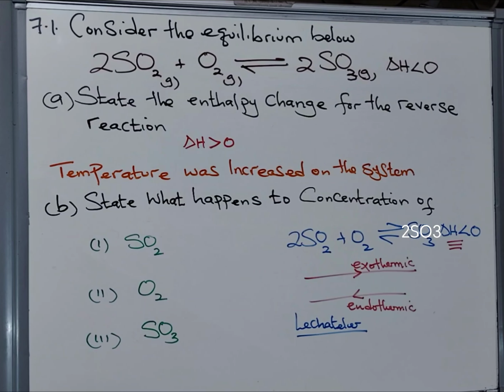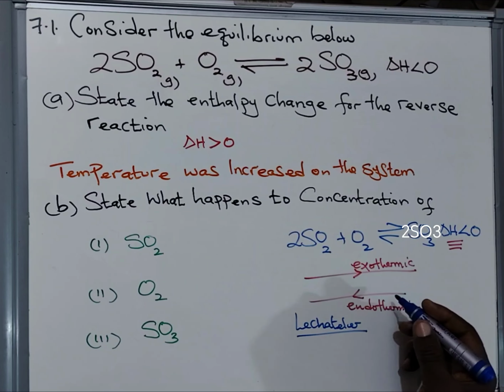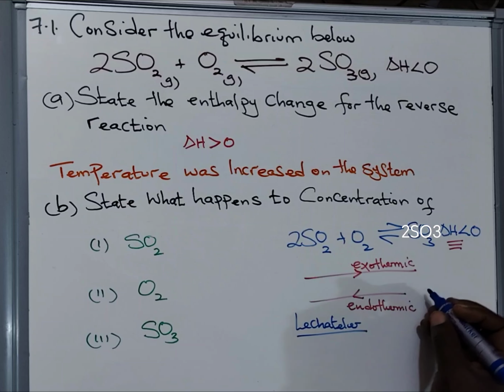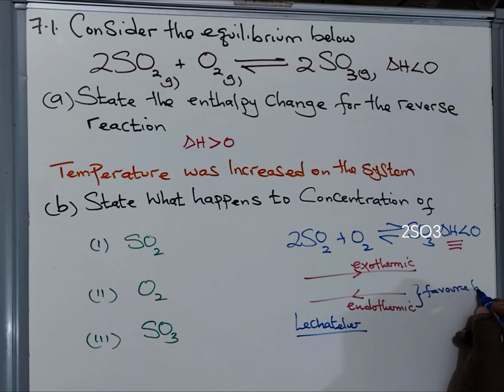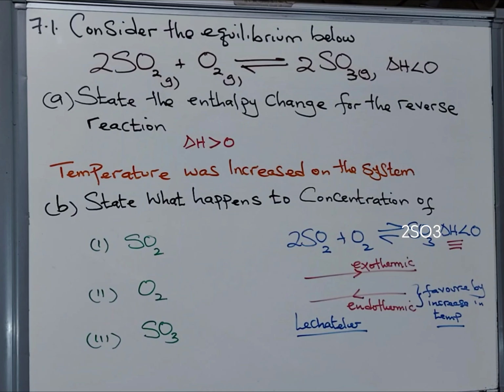So what are we going to do here? You look for endothermic reaction, and this is it. And this direction is favored by increase in temperature, according to Le Chatelier.